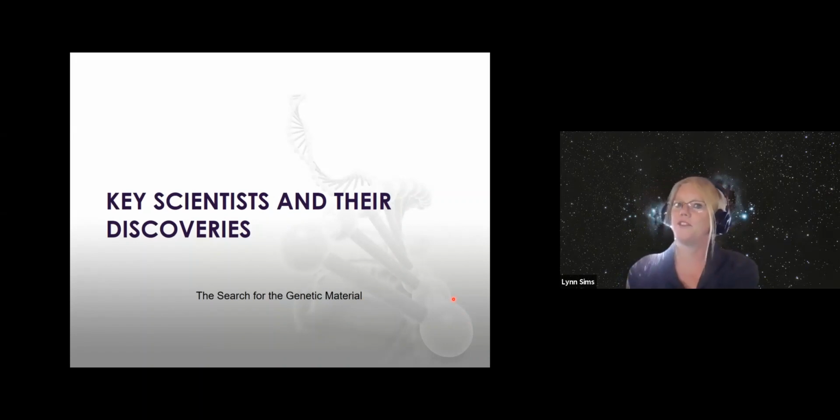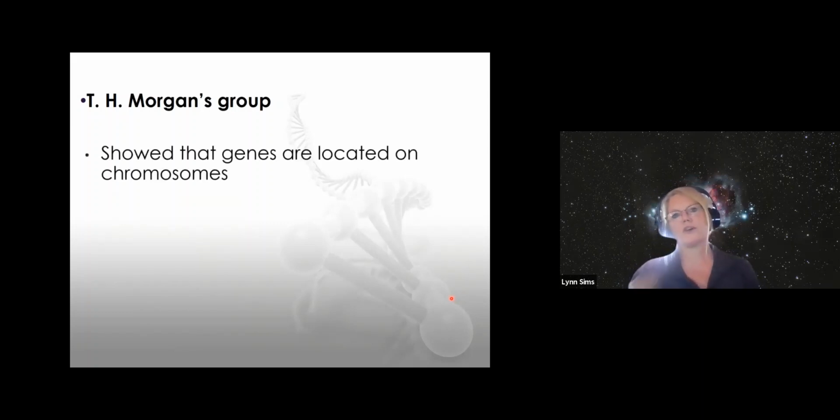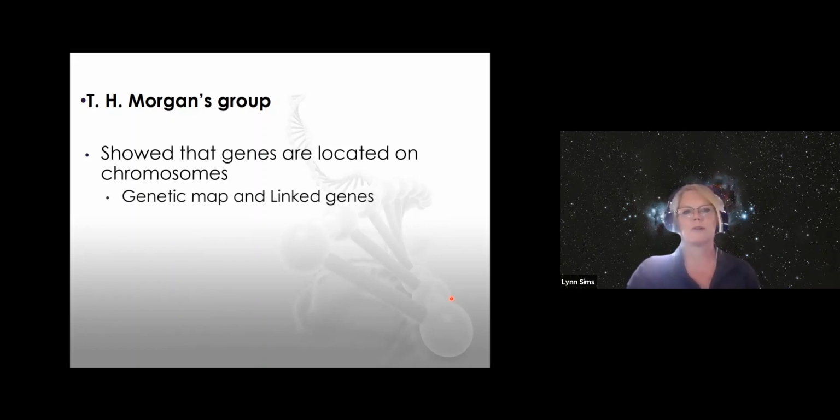Some made hypotheses, which were confirmed later with experiments. Thomas Morgan and his group showed that there are genes located on chromosomes. They suspected that these were hereditary, but we didn't know for sure. It was proven later, but these were the hereditary units.